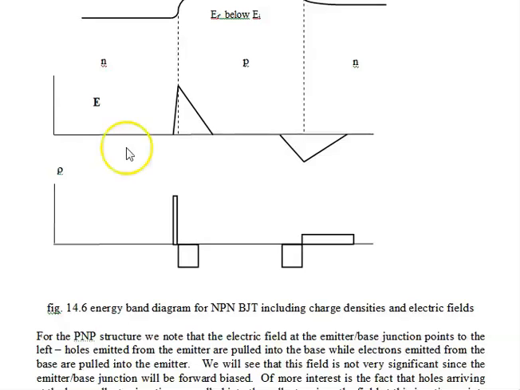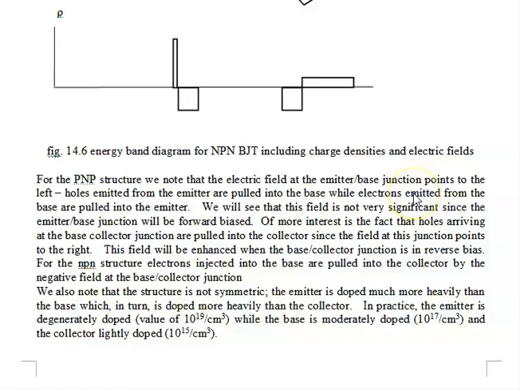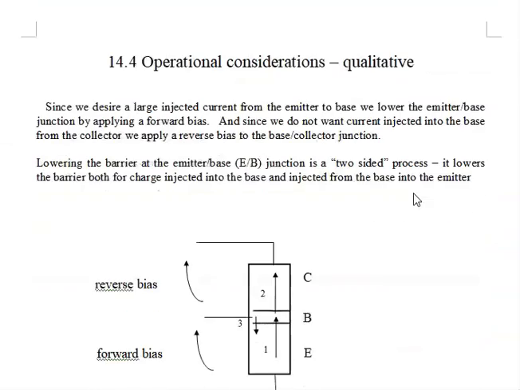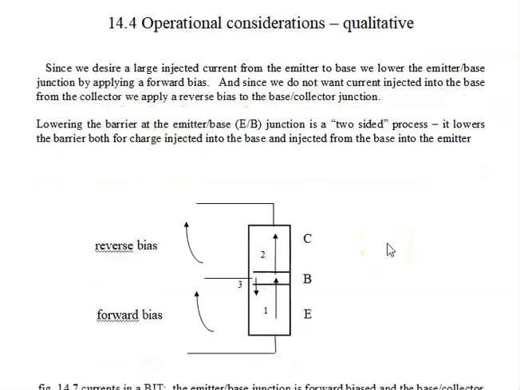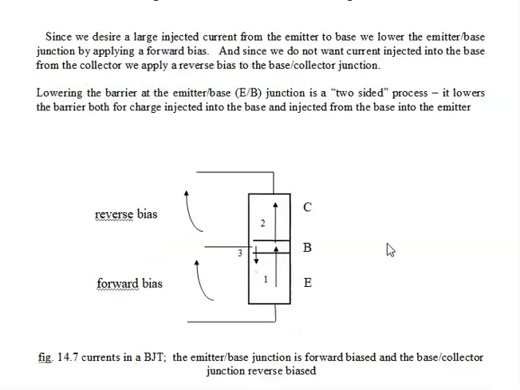Okay, so we're ready to look at, at least qualitatively, how this crazy thing works. So here are the operational considerations, and we're going to start with a relatively straightforward qualitative description. Here again is hopefully what's becoming a little more familiar to us, Figure 14.7.